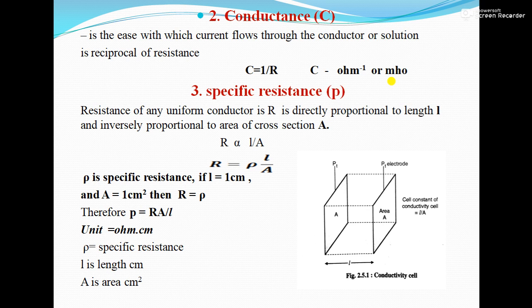Then next is specific resistance. What does specific resistance mean? This is specific for this cell. That means the ions present in this cell are specific.